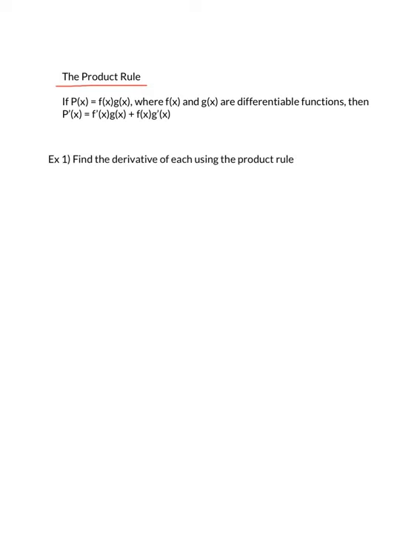We are going to be going through a couple of examples. So example 1, find the derivative of each using the product rule. So this first example that we're going to be doing today, f of x is equal to 2x cubed plus 5 times 3x squared minus x.